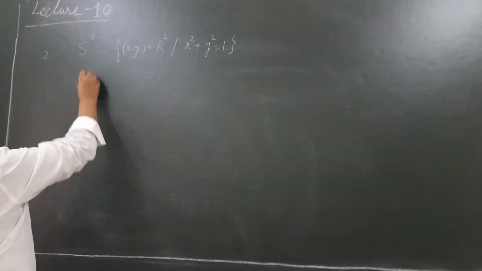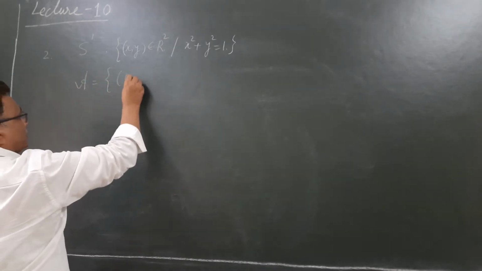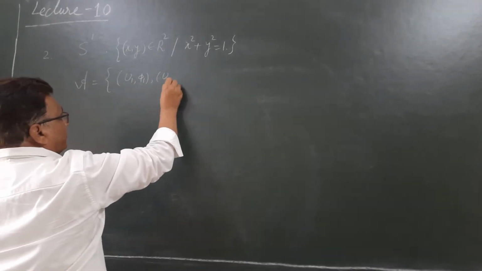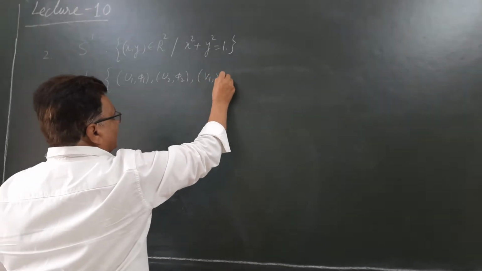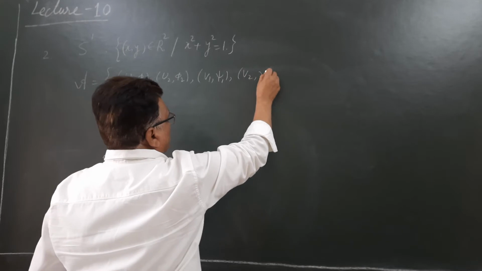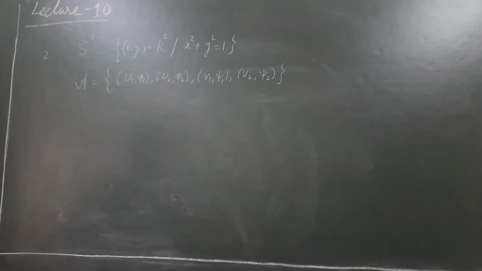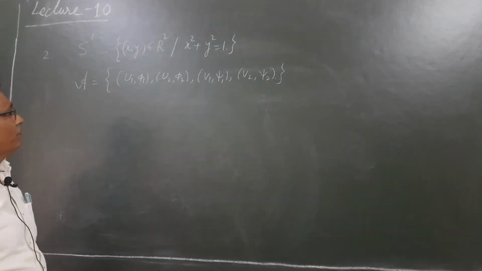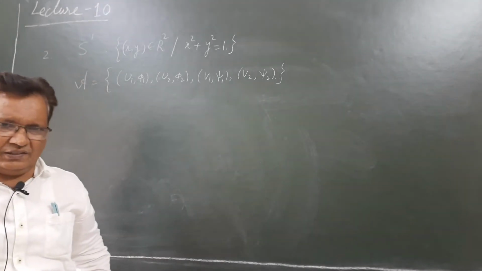Now, consider these charts (U1, phi 1), (U2, phi 2), (V1, psi 1), (V2, psi 2). This is the atlas that we discussed in our last lectures. U1, U2, V1, V2 are semicircles.